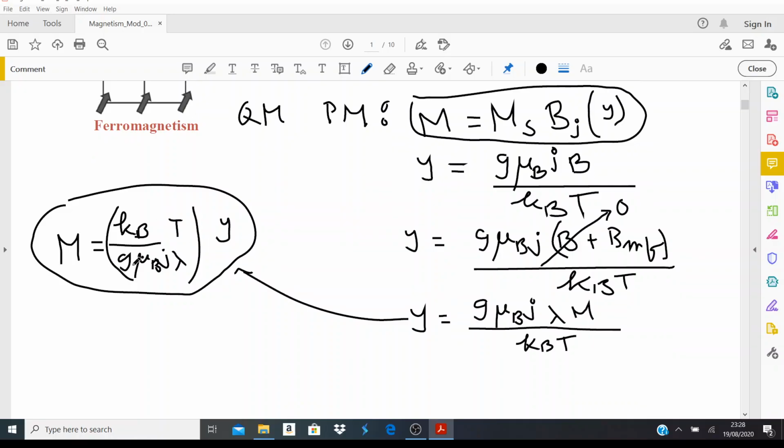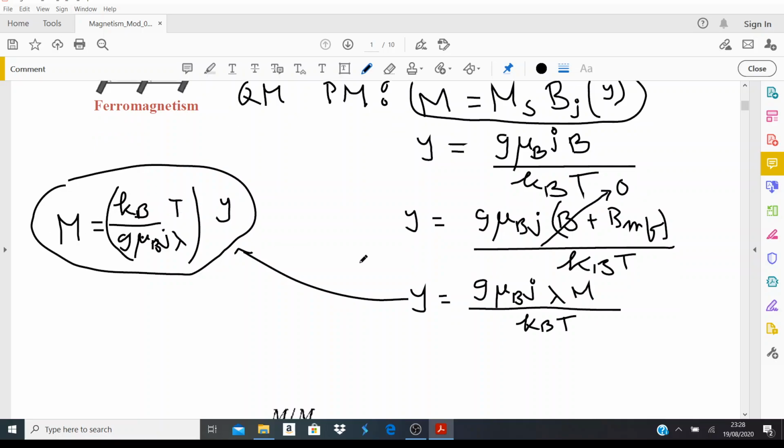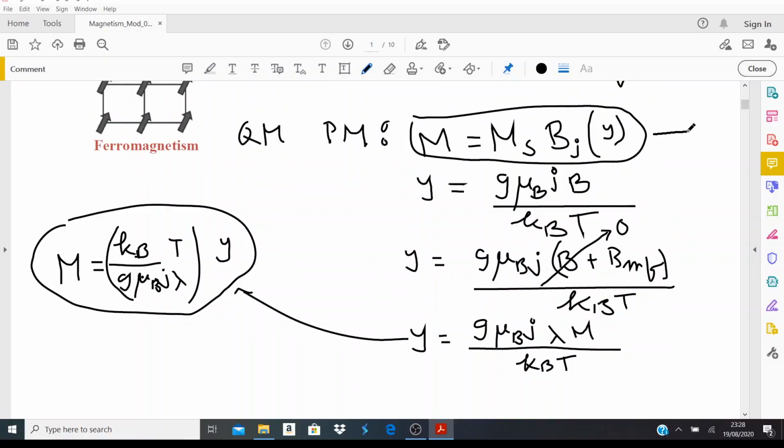Before that, you can see that the slope of this straight line depends on temperature. So you can change the slope of the straight line by varying the temperature. Now let's plot both equations simultaneously to see where some magnetization can occur in the absence of any external magnetic field, right?